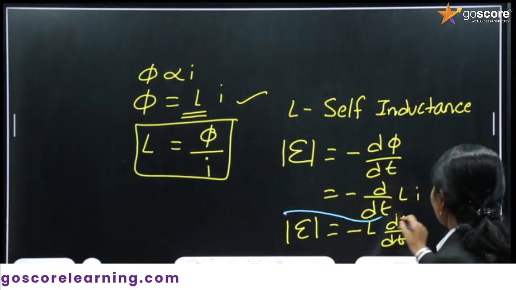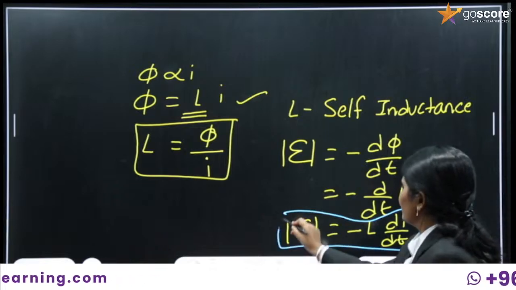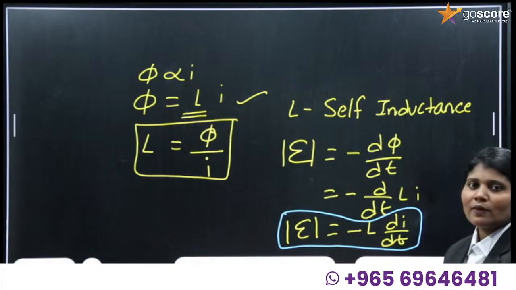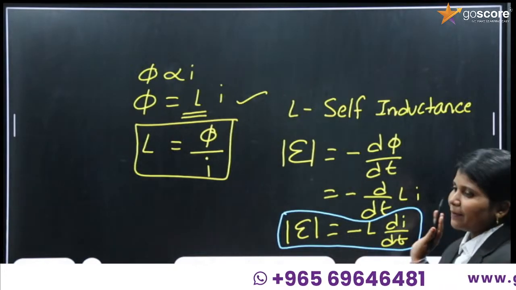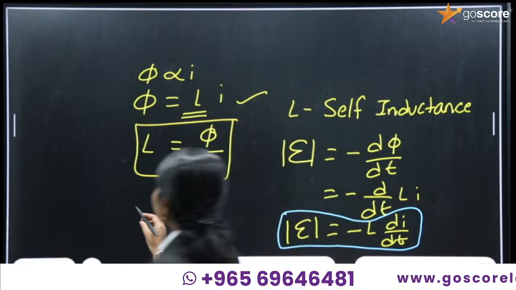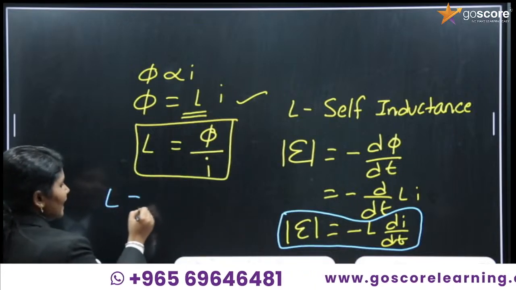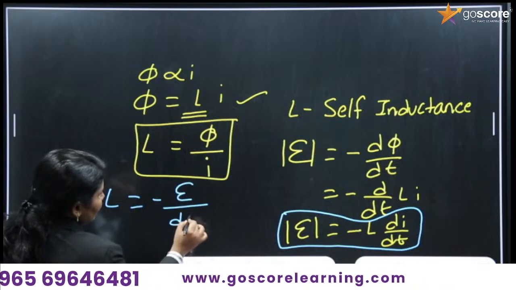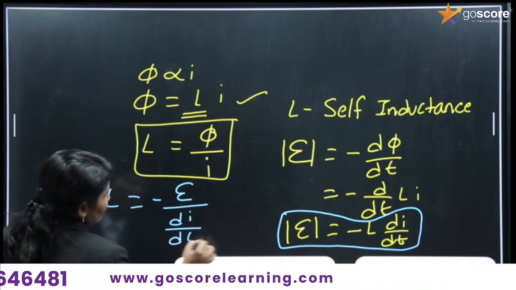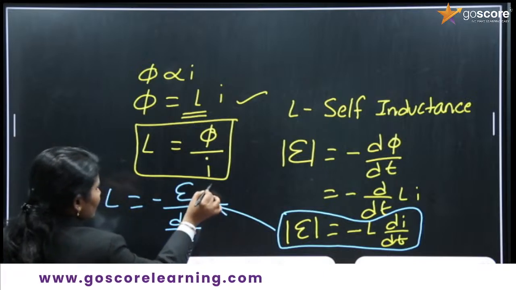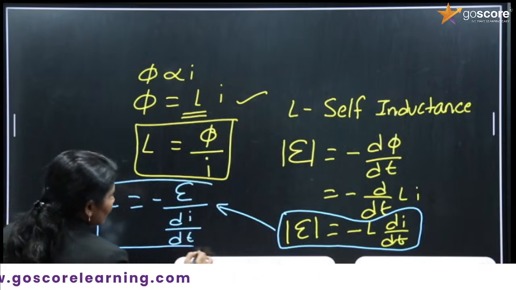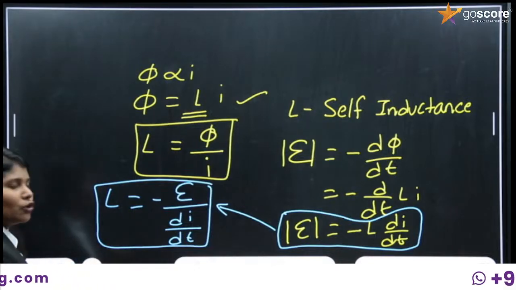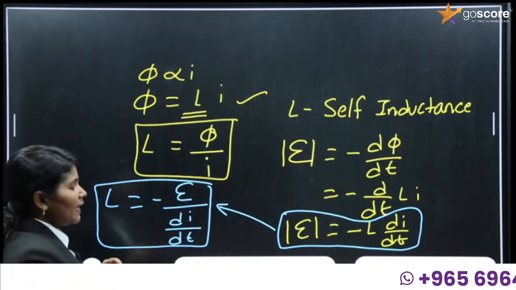So the EMF in terms of self-inductance is E equal to minus L di by dt. Then L is equal to minus E by di by dt.